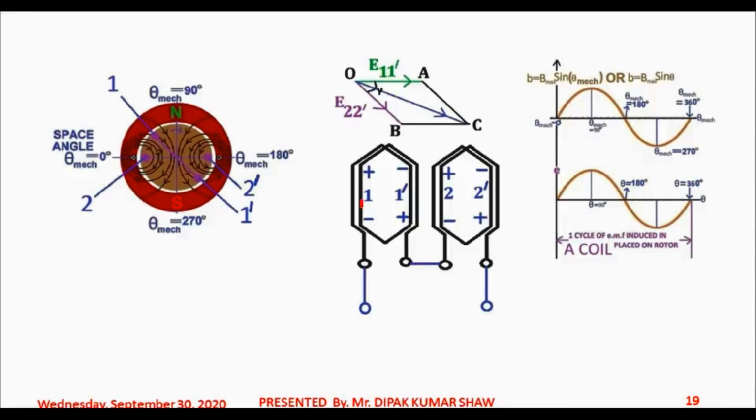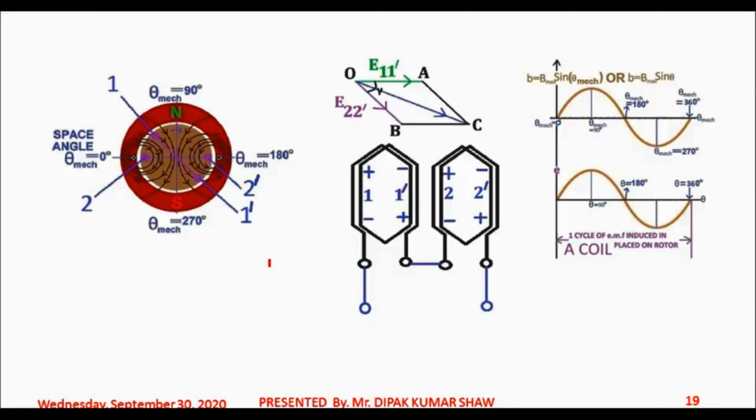Whatever is happening to one conductor should happen to the other conductors also. Of course the magnitude would be N BLV, because for an N turn coil there would be N conductors. But if you just go by the expression for a single conductor, it is BLV.